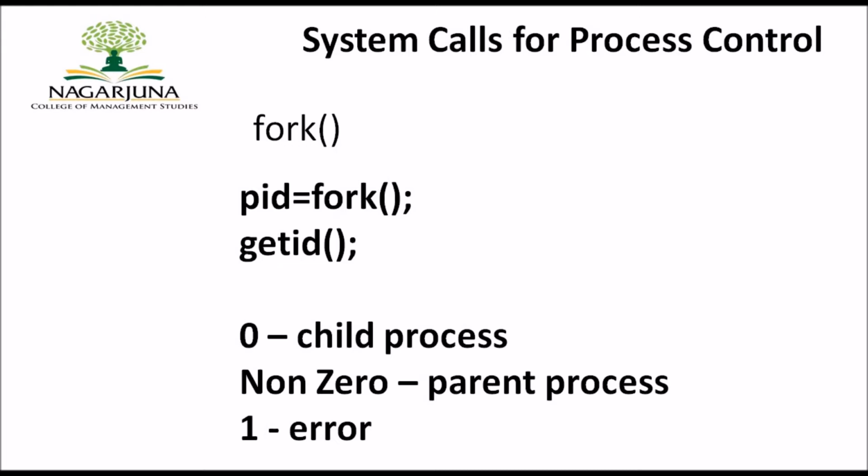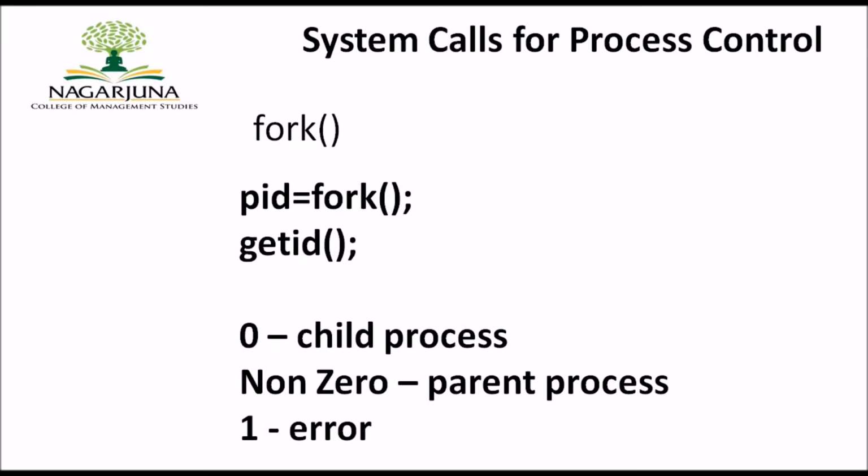We have to look into a small difference between a parent process and a child process whenever it is created using fork. A child process inherits all its properties from the parent process.